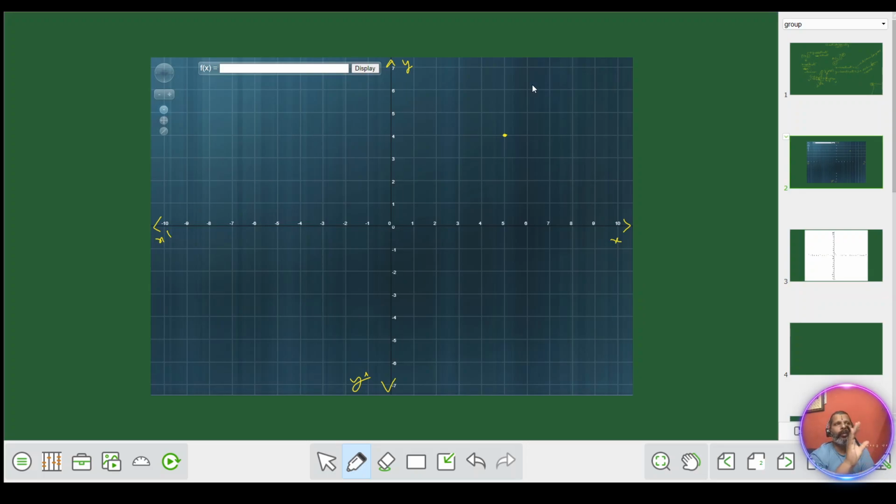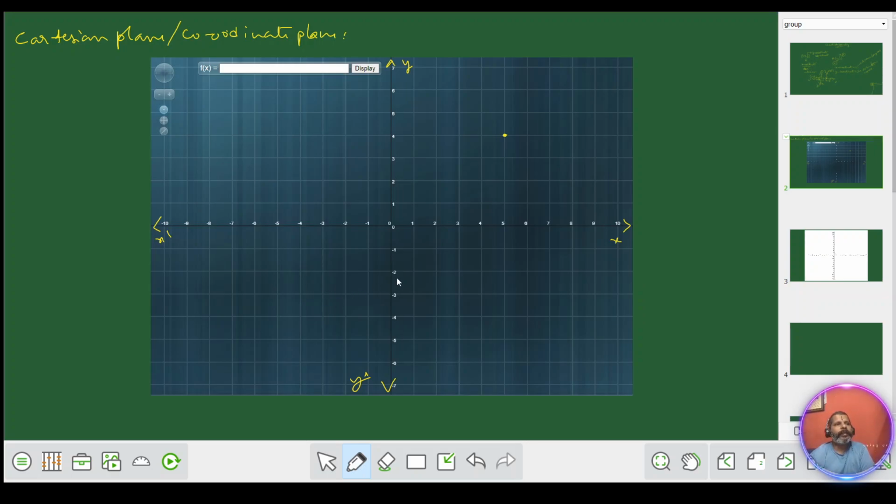Before we move to the point coordinate, whatever you're seeing now on the screen is called a coordinate plane or a Cartesian plane. There are two names here: Cartesian plane or coordinate plane. Plane means it's an empty space.